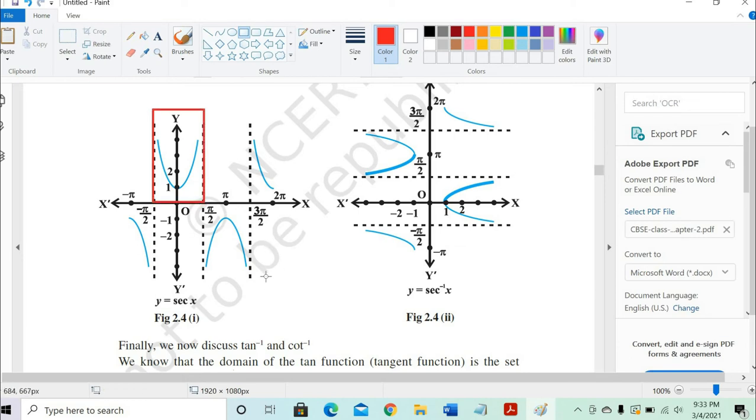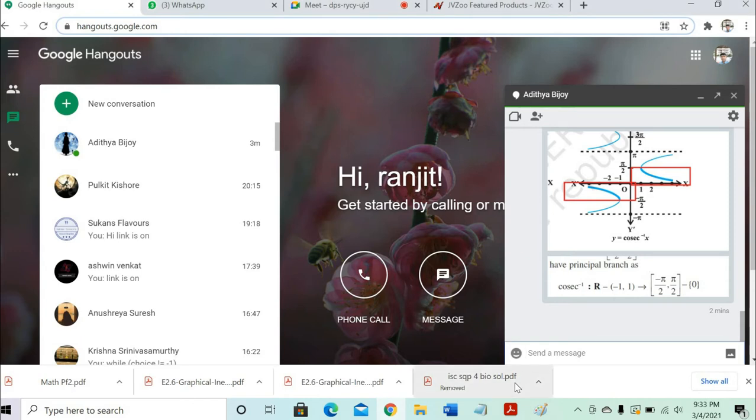You don't have to draw the entire thing, Vijay. Just draw from minus pi by 2 to pi by 2 only, because our area of interest is only that. Okay, sir. Correct. So the curve should look something like this.